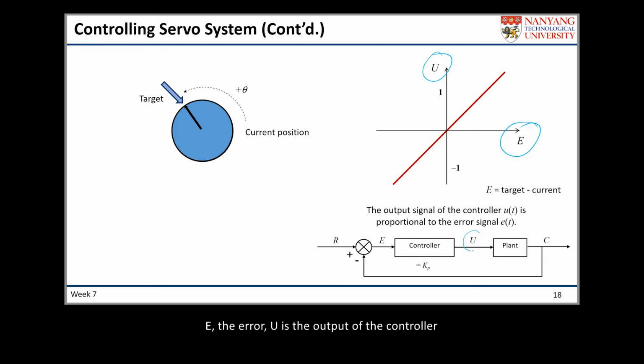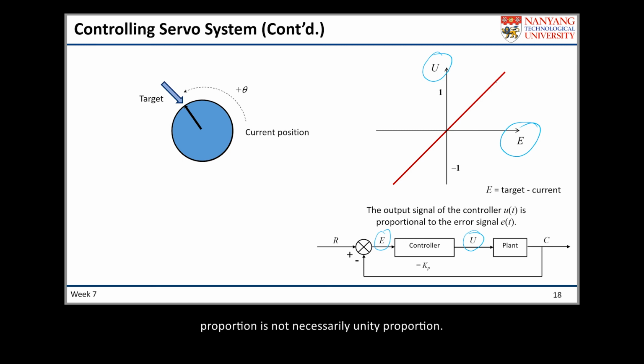So U is the output of the controller that will be fed to the system that you control, and E is the error, the difference between R and C. If you look at the relationship between U and E, you will have a linear relationship. U is proportional to E in this case.